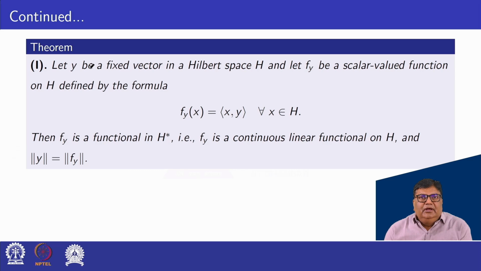Theorem: let y be a fixed vector in Hilbert space H, and let Fy, this is the notation, be a scalar valued function on H defined by the formula Fy(x) equal to the inner product of x and y, for all x belonging to H. Then Fy is a functional in H star, that is, Fy is a continuous linear functional on H, and norm y is equal to norm Fy.